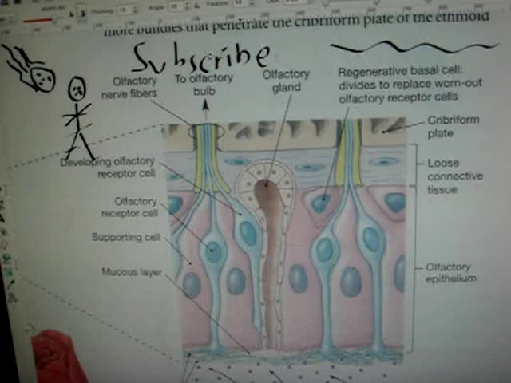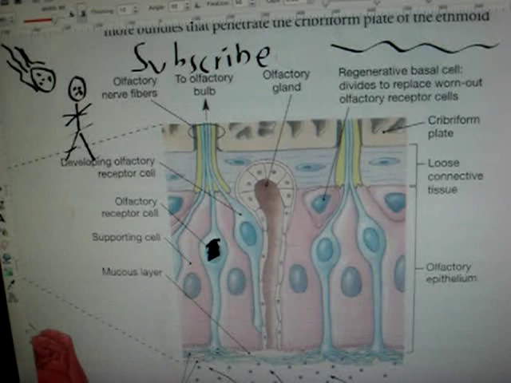Alright, so here's a closer view of the olfactory organ. This part right here is an actual olfactory receptor cell, while this little bulb around here is the end of it. In this end part right here, that's where you'll find odorant binding proteins. What those proteins do is that they're the chemical messengers.